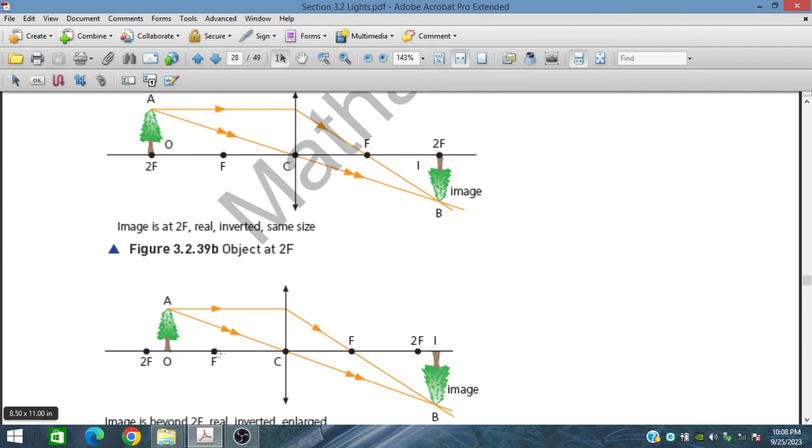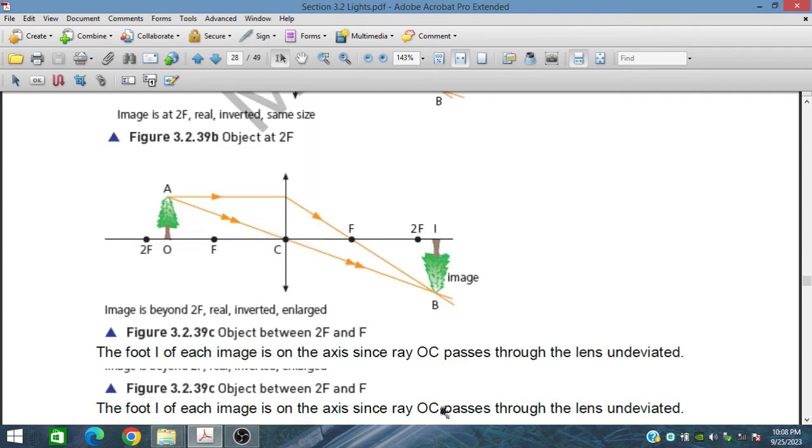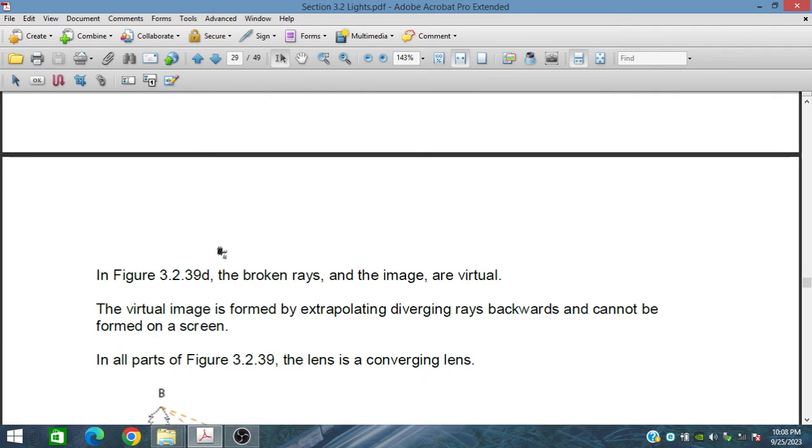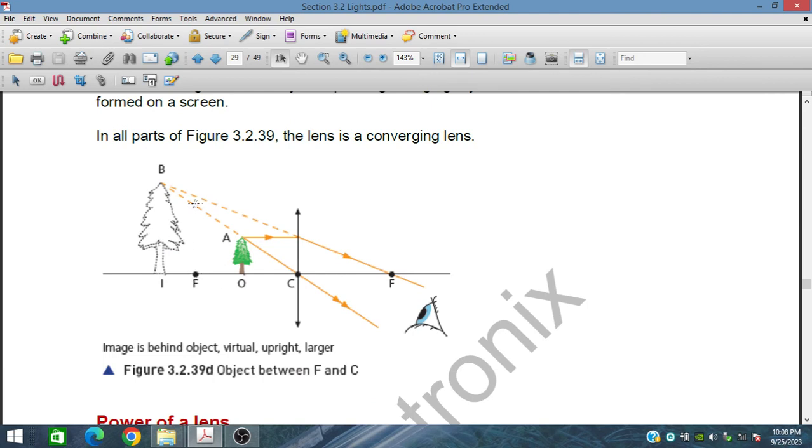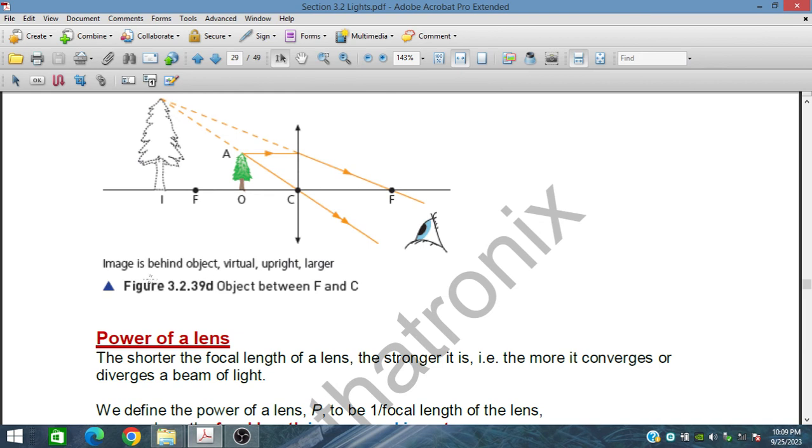Similarly for f and 2f we have this kind of image. If the object is at f, the image will be formed at infinite distance; the rays never converge, they will be parallel. But if it is placed within a focal length, then an upright image will be formed, a virtual image, of larger size, behind the object.